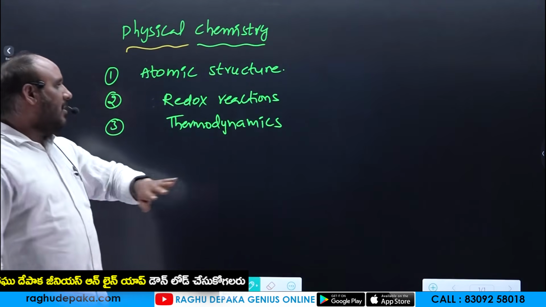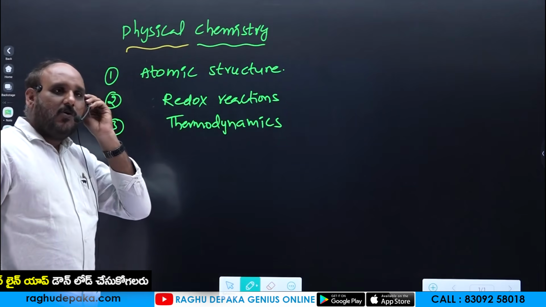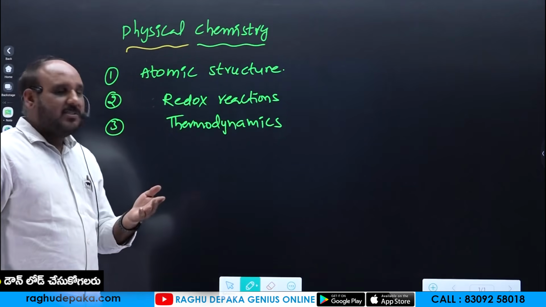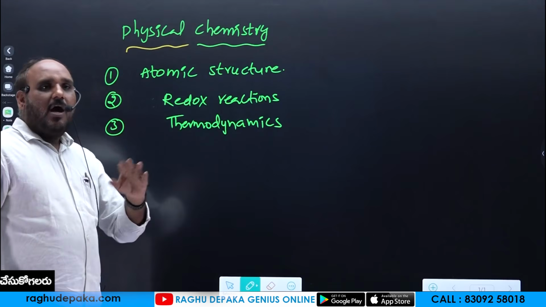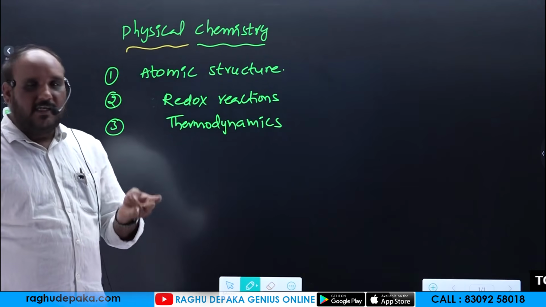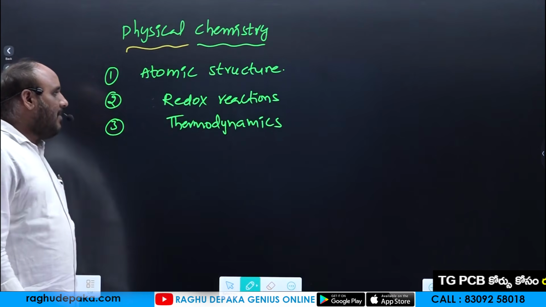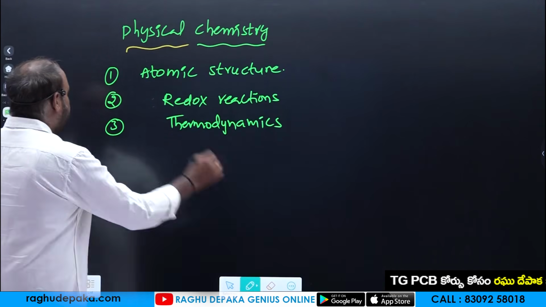A huge syllabus is mentioned in thermodynamics. We also see how heat energy is converted into other forms of energy like work, internal energy, and enthalpy; all those energy conversions will be explained in thermodynamics.